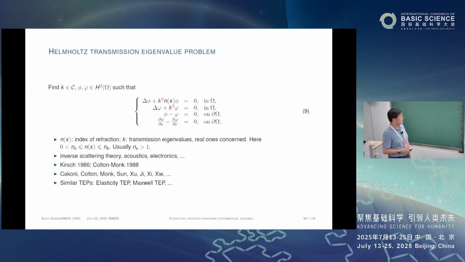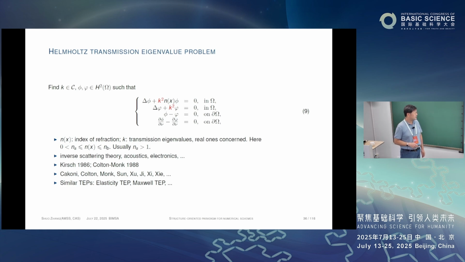So what's the problem? The problem originally is the Helmholtz transmission eigenvalue problem. The first and second lines are two Helmholtz equations, and they are combined together to formulate an eigenvalue problem. This problem can be used in inverse scattering problems and many others.